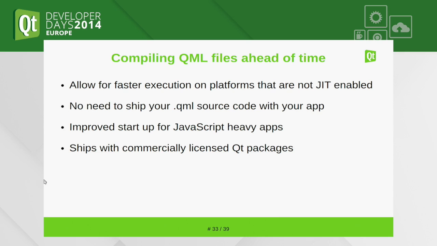And it removes the need of shipping your QML source code with your potentially proprietary application. That could be an issue for some people, and this is something that we can solve that way. We also found out that it improves the startup time, especially if you use a lot of JavaScript code. This is shipping since Qt 5.3 in the commercial packages of Qt for the usual suspect platforms.